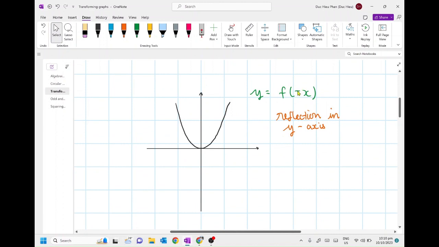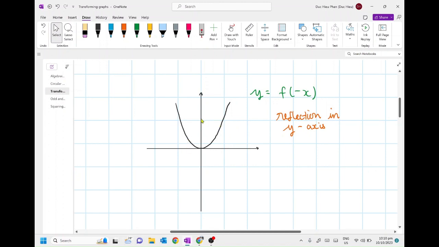Meanwhile, if you times x by minus 1 before putting it into the function, you're reflecting the graph on the y-axis. If we had a y equals x cubed graph, this would be much more obvious, but this is y equals x squared. So for example, if you have 1 here, and then you times 1 by negative 1, that would become negative 1.